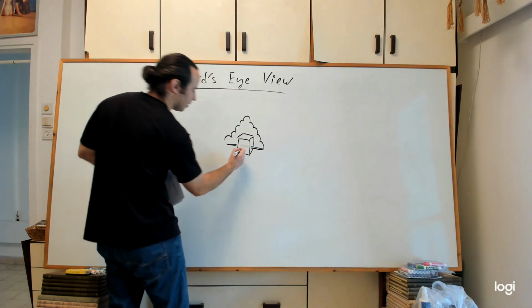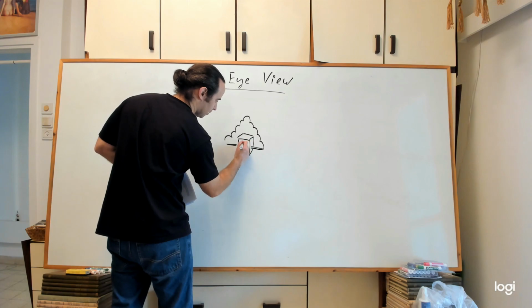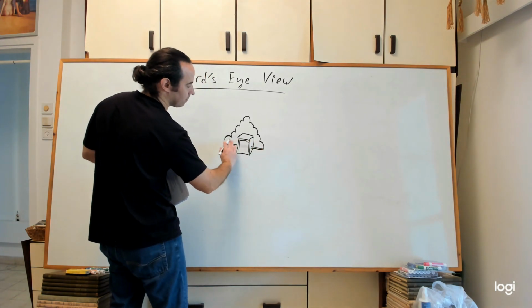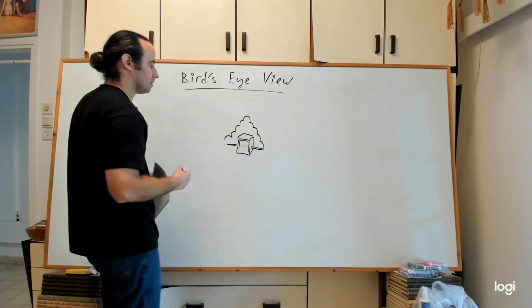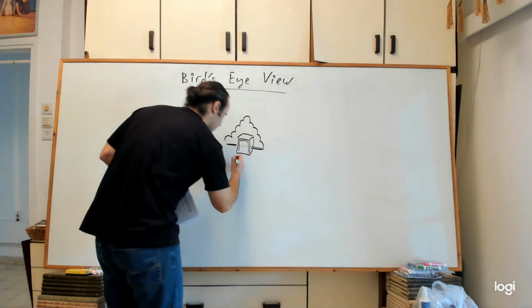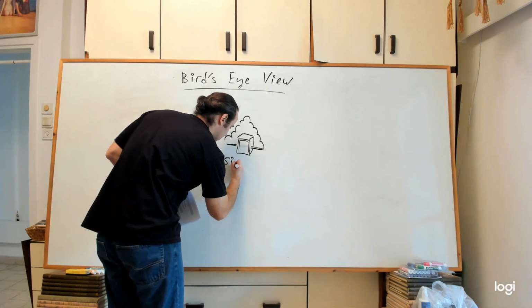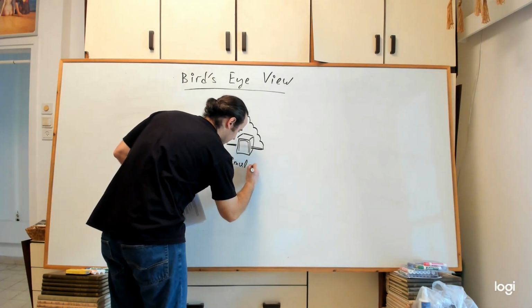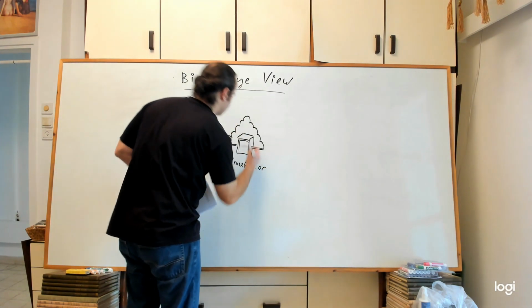And the box has a door. Okay, let's say this is the door. The whole wall is the door, but let's say this is the door. And the simulator. And this is a hive.